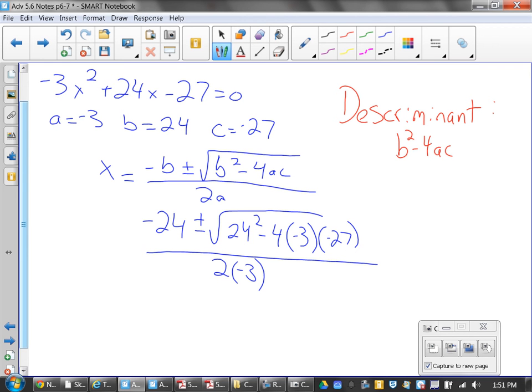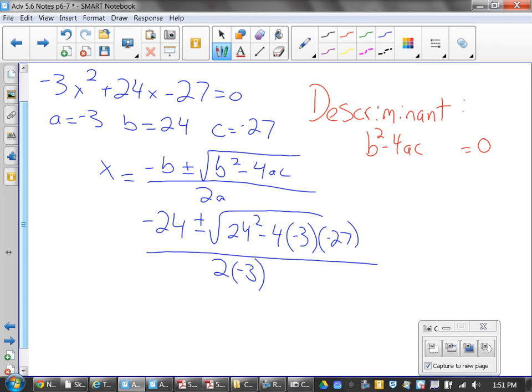The discriminant has a really nice meaning to it. It tells you how many zeros you're going to have and of what type. You guys probably remember this from algebra. If the discriminant, the b squared minus 4ac, when you simplify that, equals 0, you had one solution.